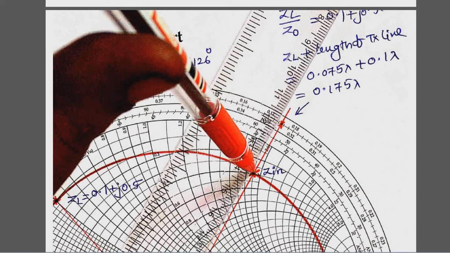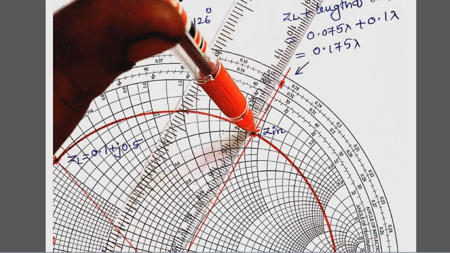If you join this point to the center, that will cut the VSWR circle at Z in. This one is going to be ZL with a difference of 0.1 lambda. You are going to reach Z in.